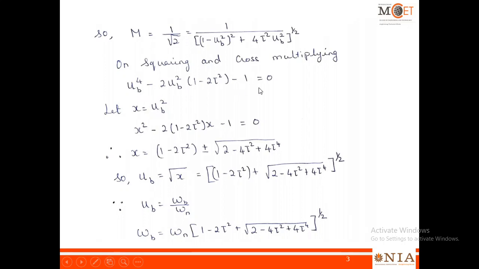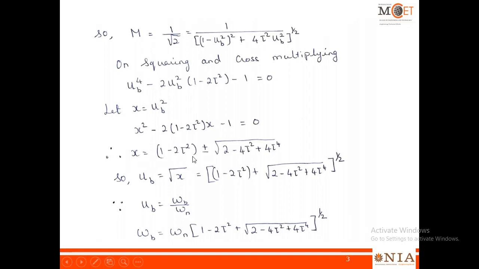Now this expression becomes x square minus 2 into (1 minus 2 tau square) into x minus 1 is equal to 0. This is a quadratic equation. You can solve this quadratic equation and get the value of x by using the formula x is equal to minus b plus or minus square root of b square minus 4ac by 2a. Students can try this and find the x values.